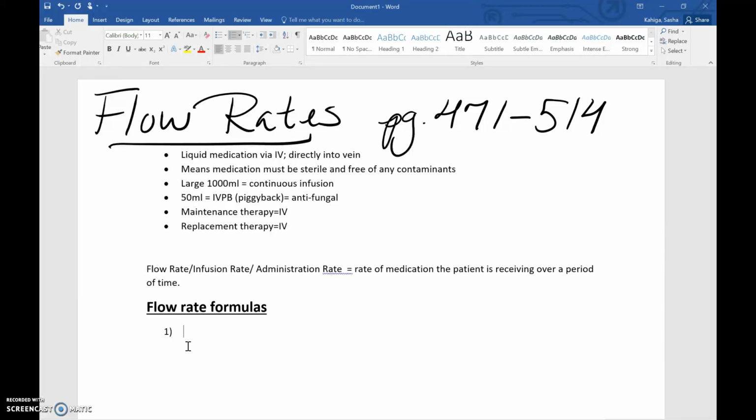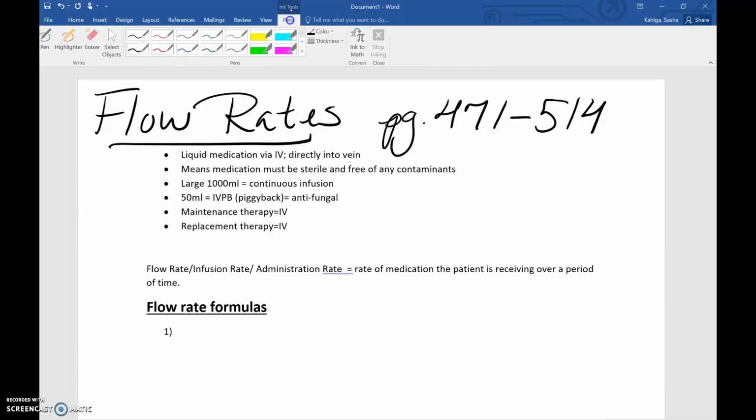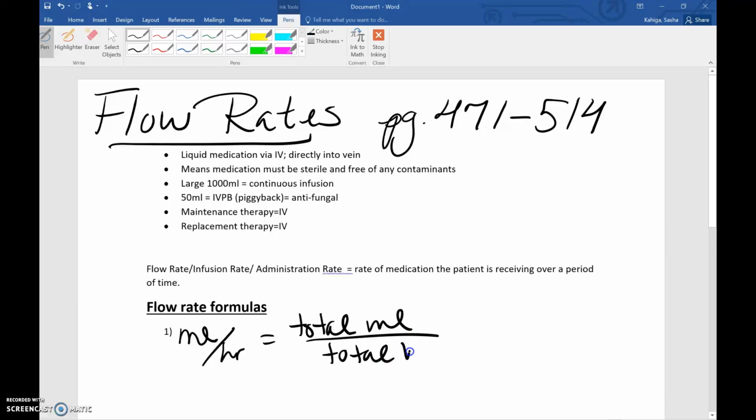But if you can just remember these formulas, it'll help you out from this point on. So whenever the problem is asking you to determine milliliters per hour, you're just going to take the total amount of milliliters over the total hours. This is considered a flow rate.